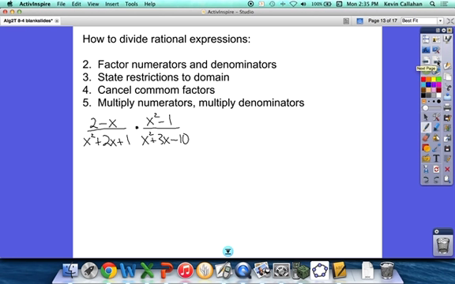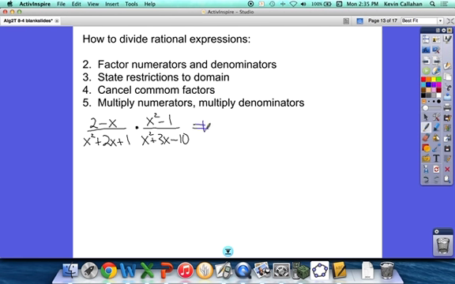What are we supposed to do now? Factor, right? So factor everything. Now, I'm going to save this 2 minus x. Notice we got that 2 minus x. You can probably figure there's going to be an x minus 2 somewhere, which means we're going to have to flip. So before I do this though, let's do the other 3.